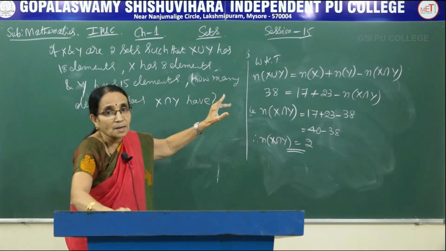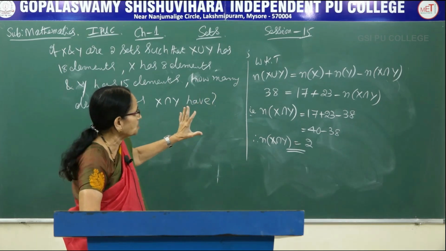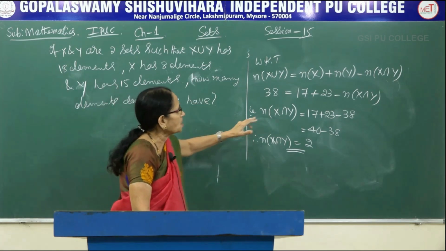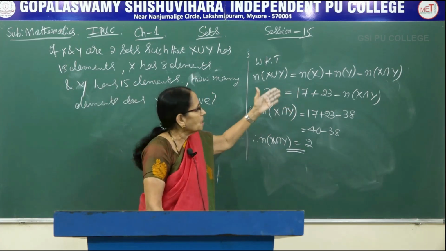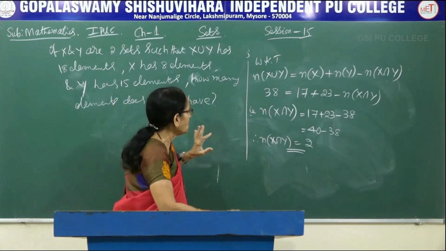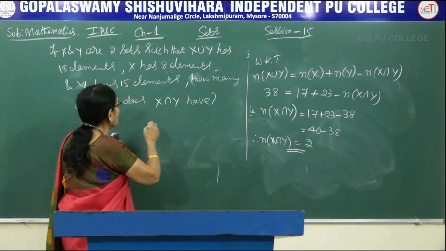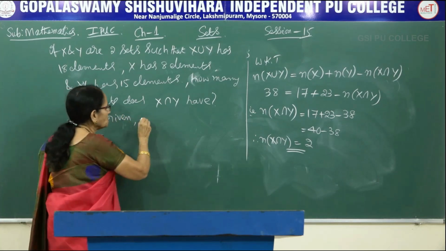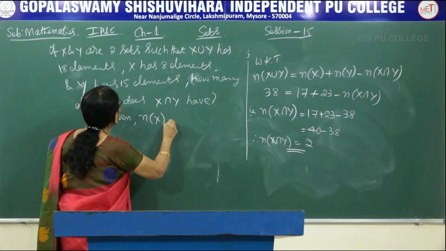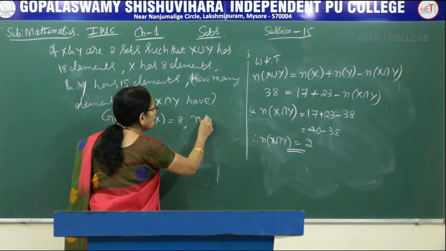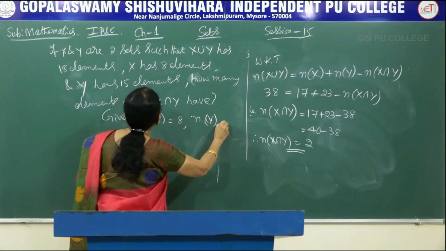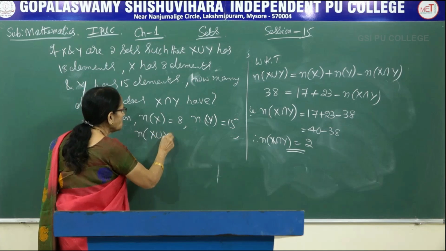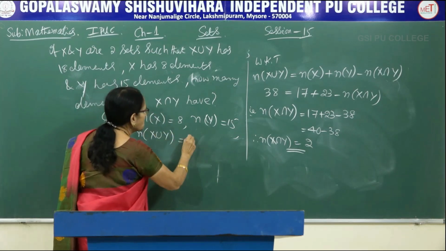Now, same procedure, same type of data as in the previous problem. The difference is that in the earlier problem I had given n of x equal to 17, n of y equal to 23, like that. Here that notation is not given. So what you have to do? Write given, you write one more step. N of x equal to 8, n of y is equal to 15, n of x union y is 18.